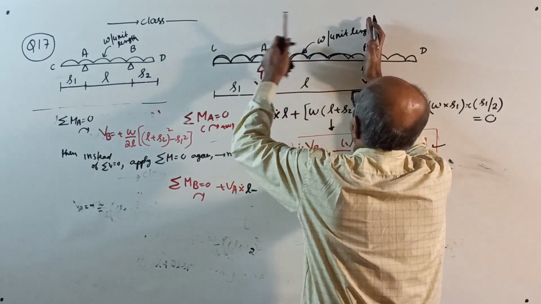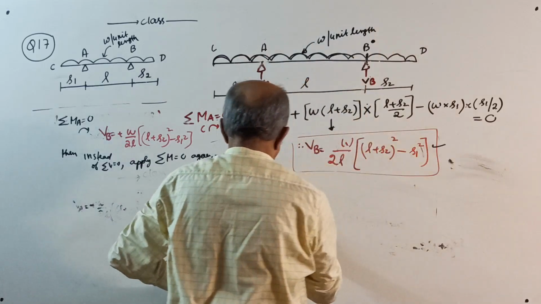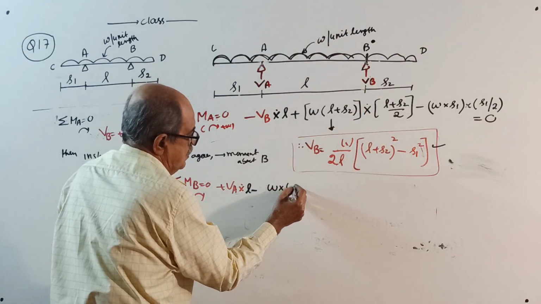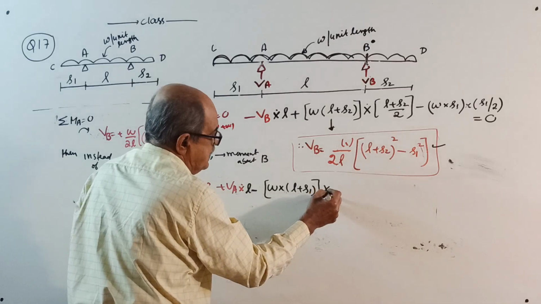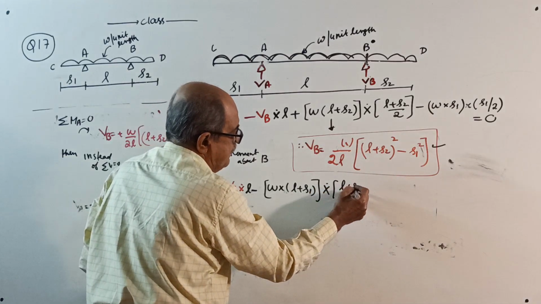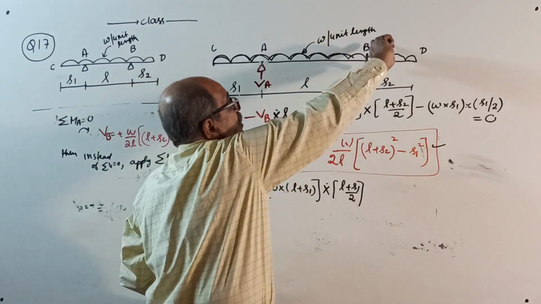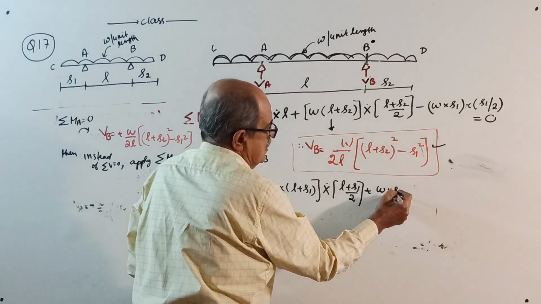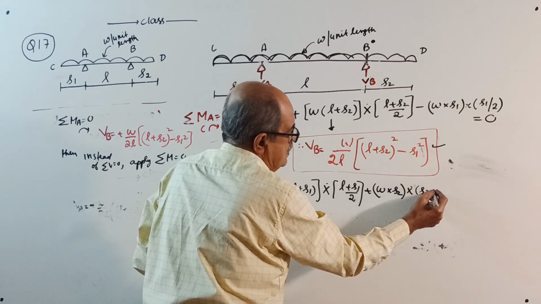This side load, W into L plus S1, is the total load. It will create an anti-clockwise moment: W into L plus S1 total load multiplied by L plus S1 by 2, to the center. And then clockwise moment plus W into S2 total load into S2 by 2.